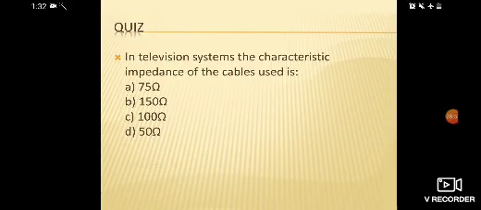Please note this question. So what is the answer? The answer is A, that is 75 ohms.